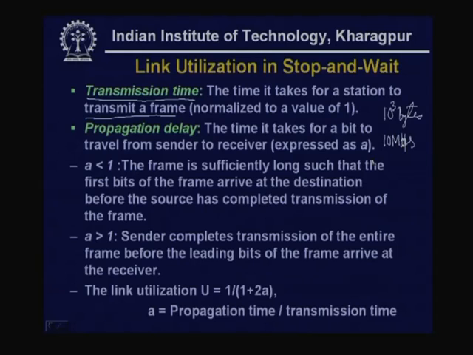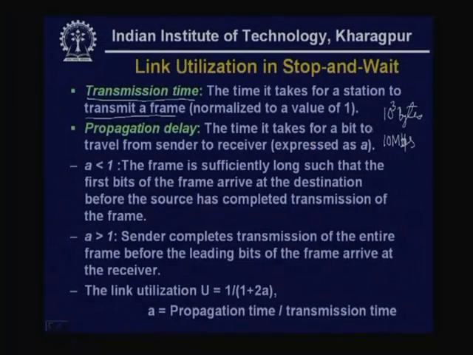Now, let us come to the propagation time. The propagation time is the time it takes for a bit to travel from the sender to the receiver, and this time obviously depends on the distance and the speed of the electromagnetic wave. So, obviously, the longer the distance, the more will be the propagation time.